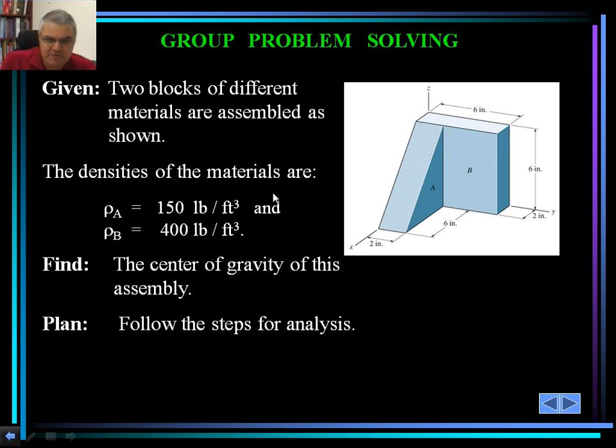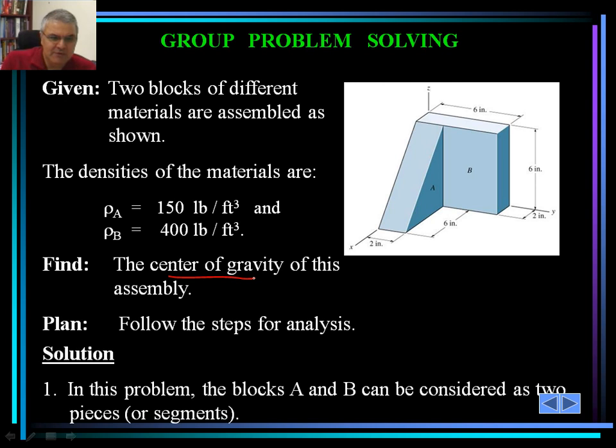But for the sake of our argument, we assume that rho sub A is 150 pounds per cubic foot, and the density of material B, rho sub B, is 400 pounds per cubic foot. We would like to determine the center of gravity of the assembly. We would follow the steps for the analysis that I just described to you.